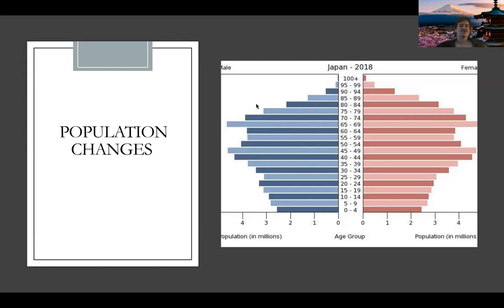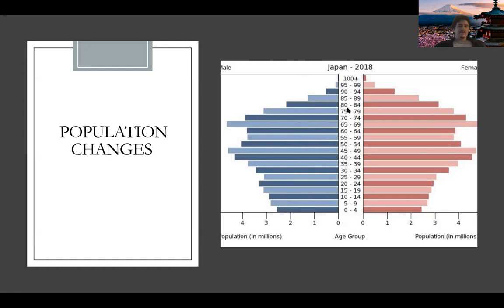And what this is showing is that Japan has a rapidly increasing age population. So a lot of Japan is growing older, and they're not having as many children below. So there are more old people in Japan than young people.